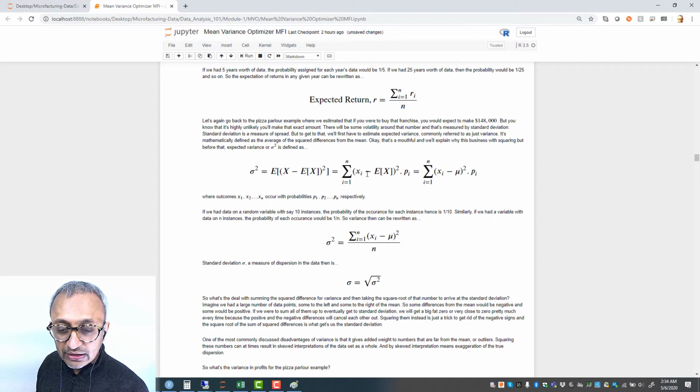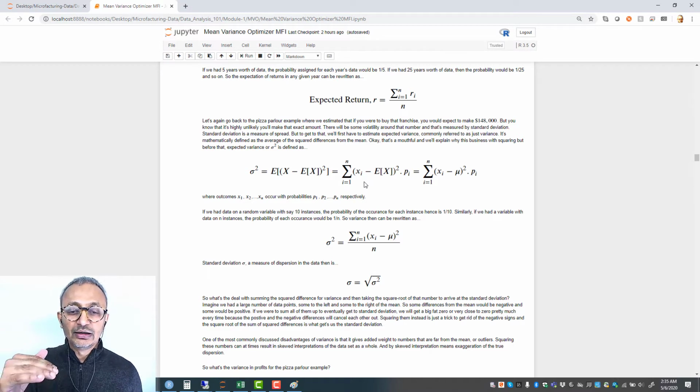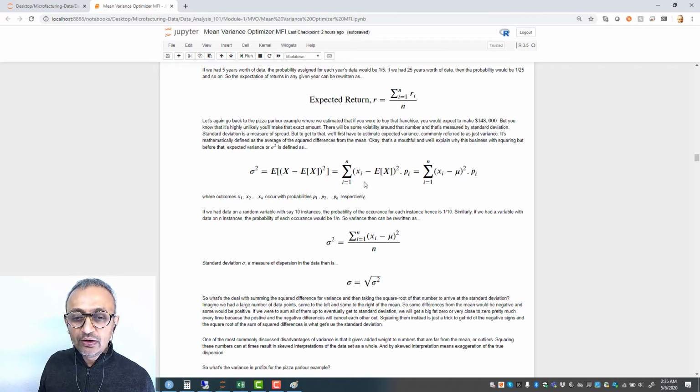So another way to write this is: take each of those outcomes from its mean, square them, and multiply that with the probability of each occurrence. For example, if you have 10 data points in a series, each data point occurs 1/10 of the time in that sample. If you have 20, it occurs 1/20th of the time.